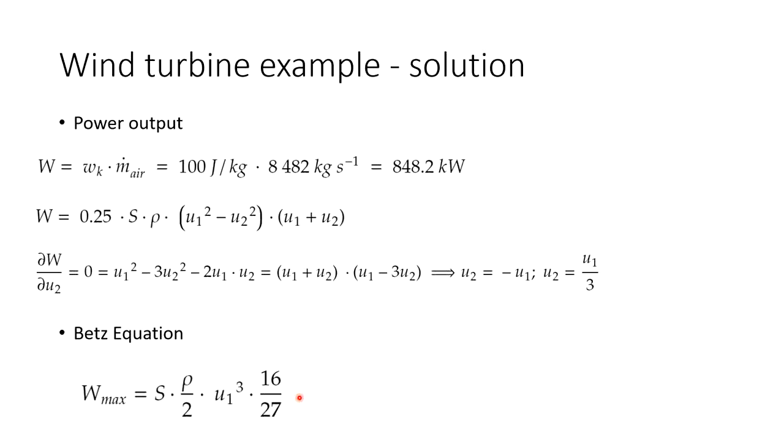So we can see that the maximum power or maximum kinetic energy that can be extracted from the air is about 60% if all the other efficiencies are neglected.